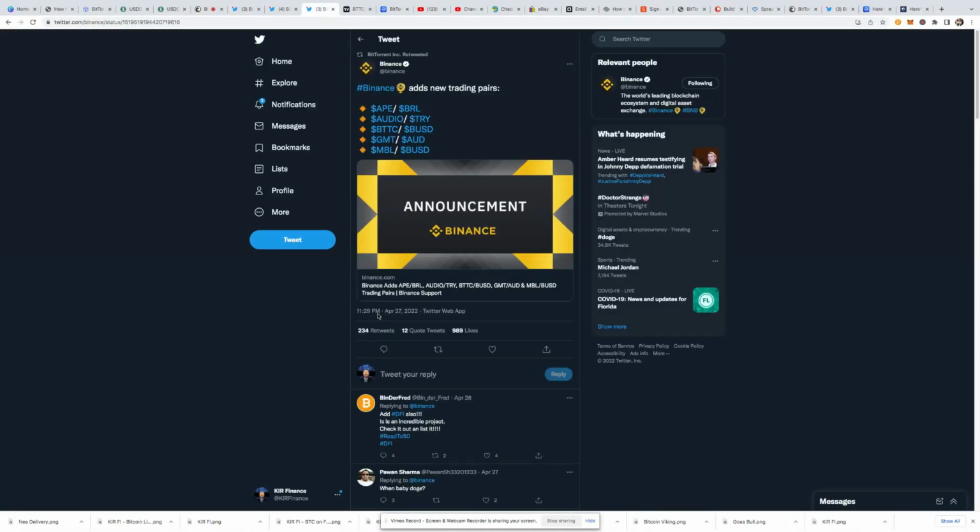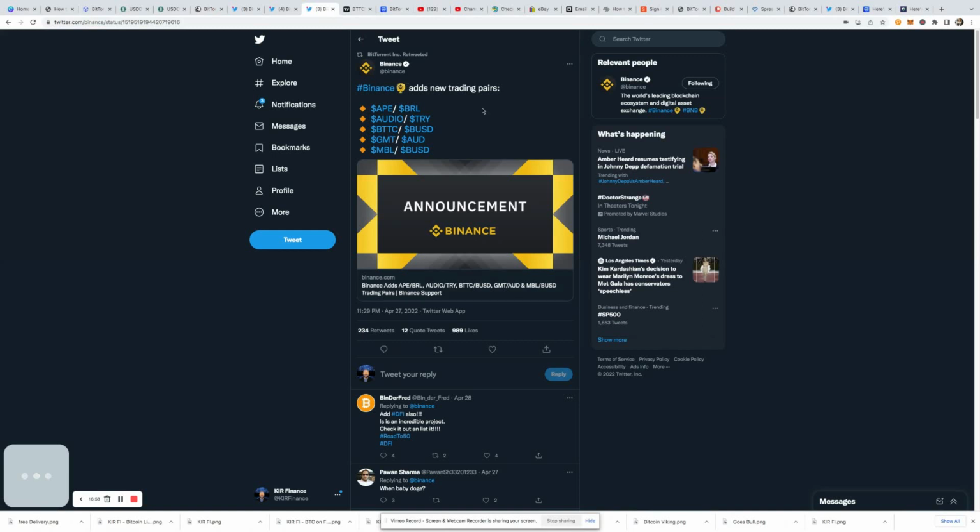So going back to Twitter, here's an announcement that Binance adds new trading pairs. So they added some trading pairs here that includes BTTC and BUSD. All right.